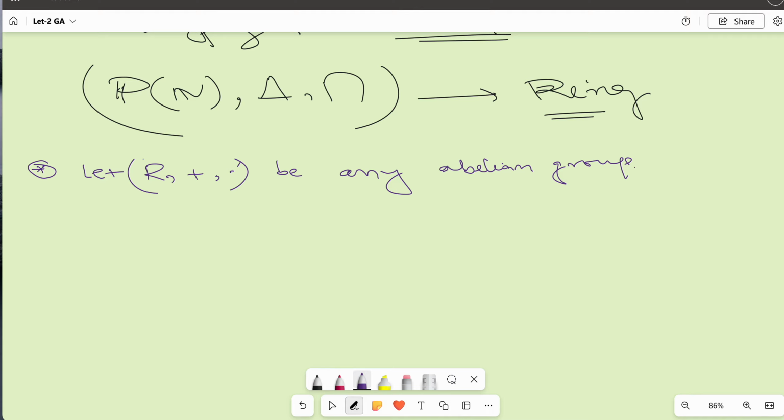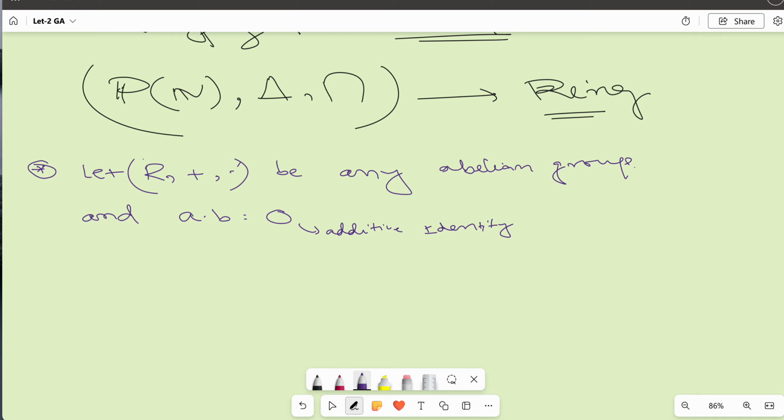And A dot B equals 0, where 0 means the additive identity, right?